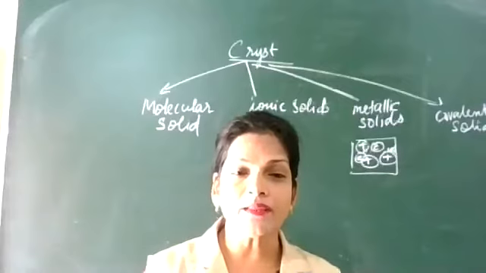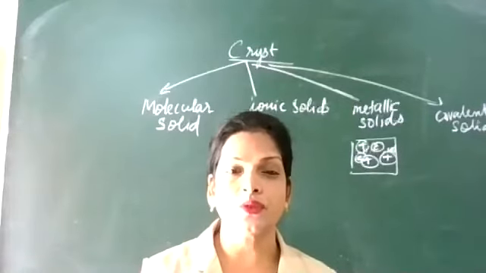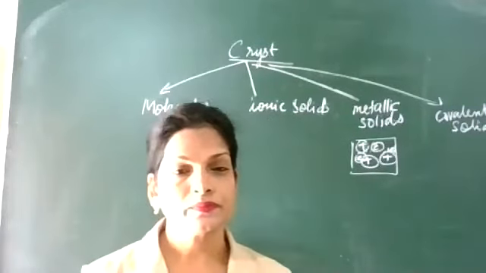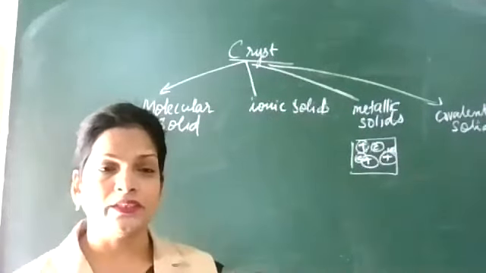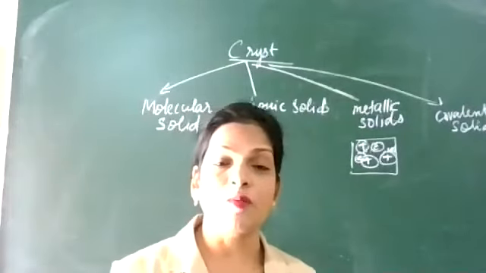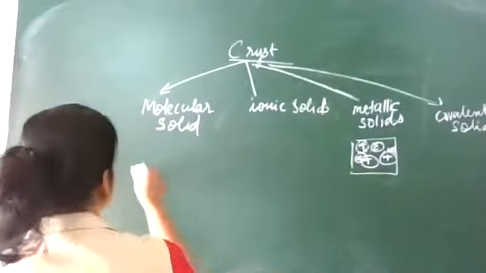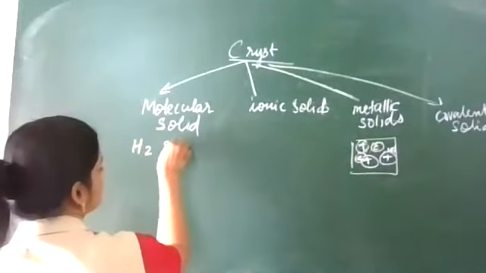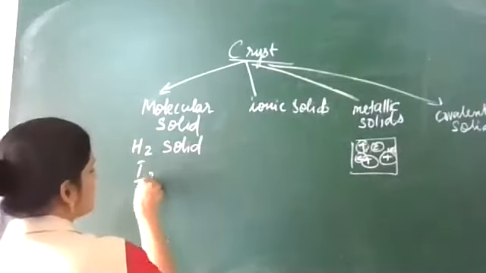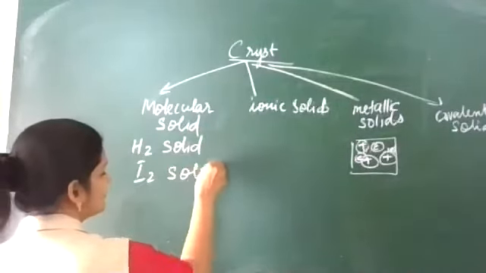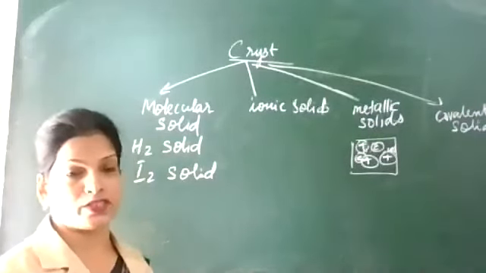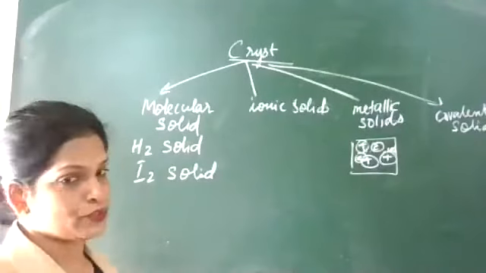So you can make any gas into a solid: hydrogen solid, I2 solid, iodine solid, oxygen solid, nitrogen solid. It's not easy to keep hydrogen solid. It should be kept under high pressure and at very low temperature.